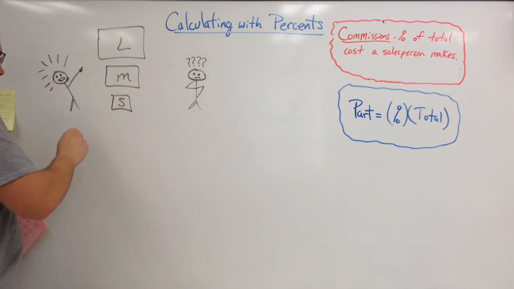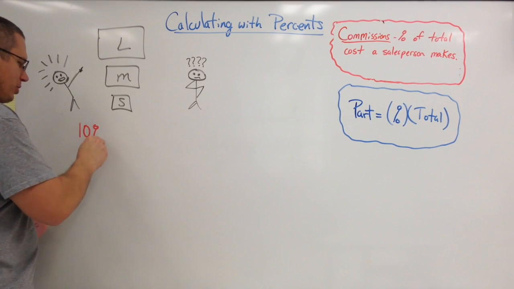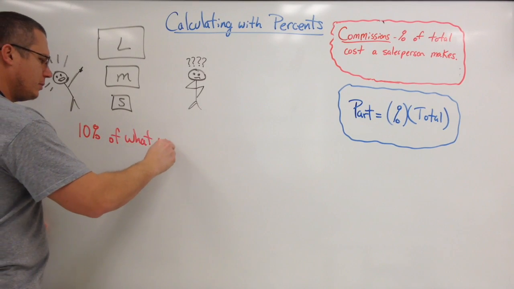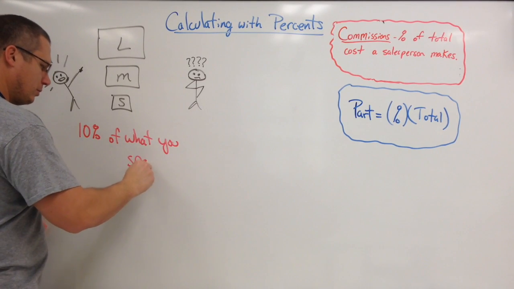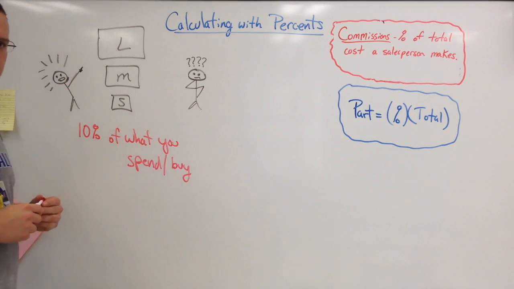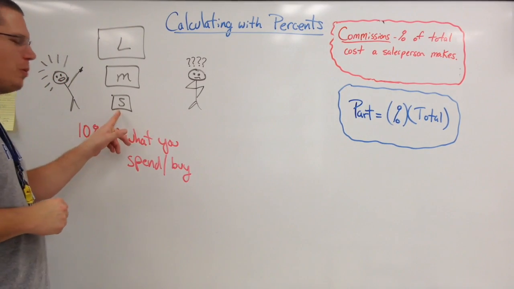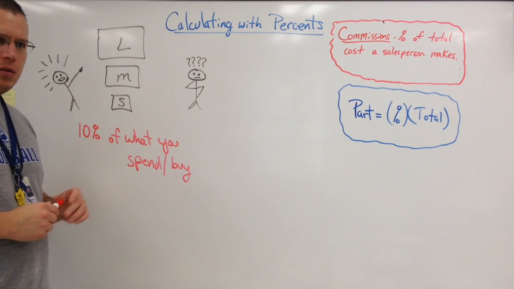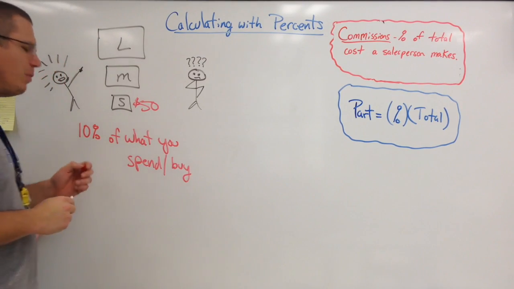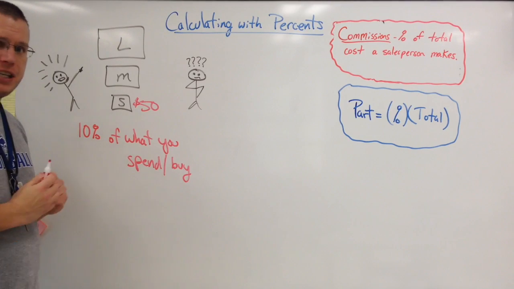This salesperson makes 10% of what you spend. So if you buy the small box, let's say you spend $50 on that, he would make 10% of the $50.